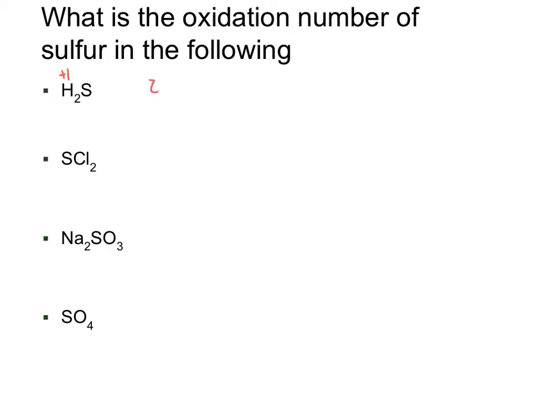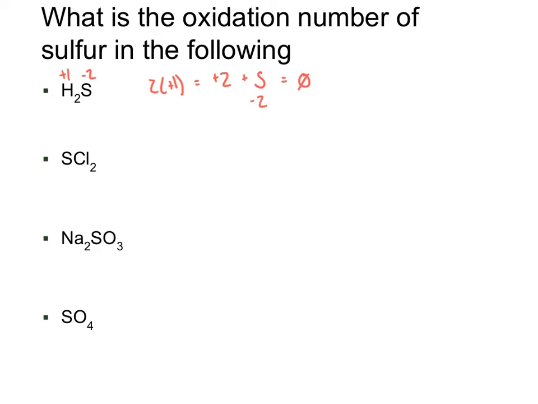We do have 2 hydrogens for a total oxidation number of +2 from our hydrogens, and then plus our oxidation number of sulfur is going to have to be equal to 0 since this is a neutral compound. Therefore, our oxidation number on sulfur has to be -2.